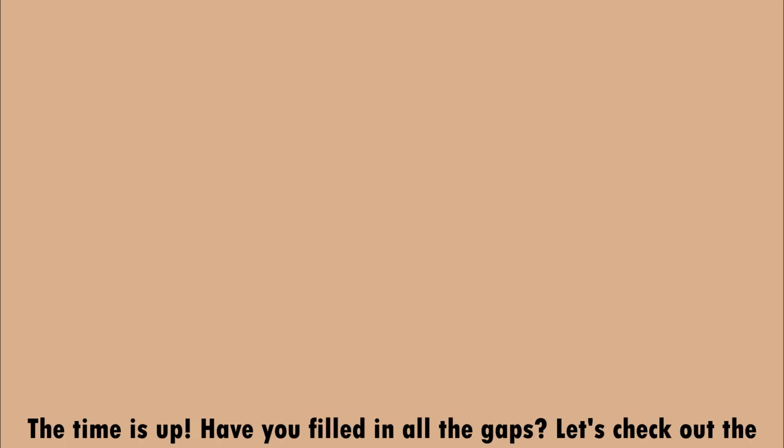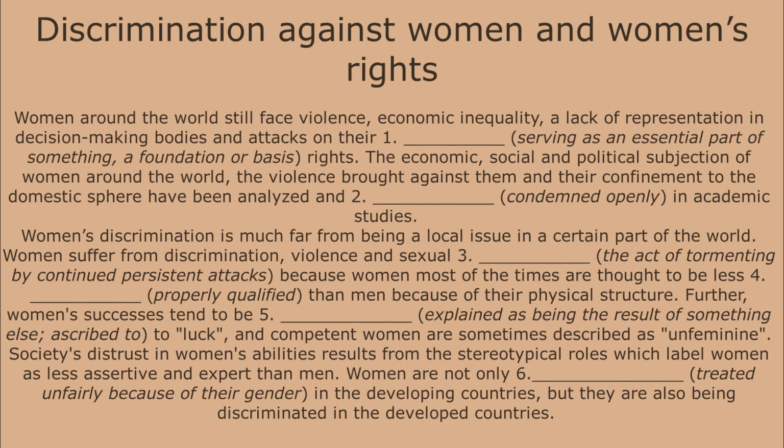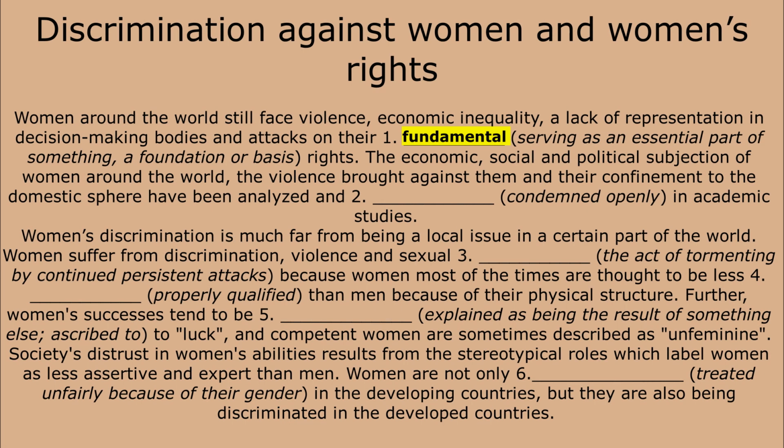The time is up. Have you filled in all the gaps? Let's check out the answers. Here are the correct answers. Number 1, fundamental. Number 2, denounced. Number 3, harassment.